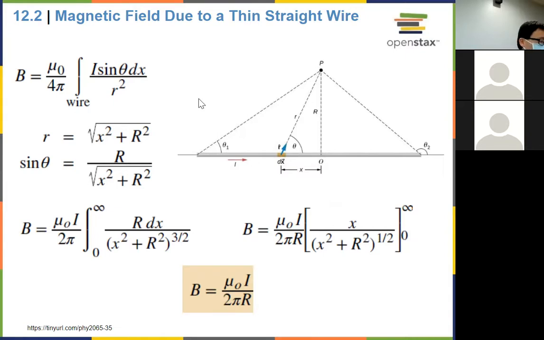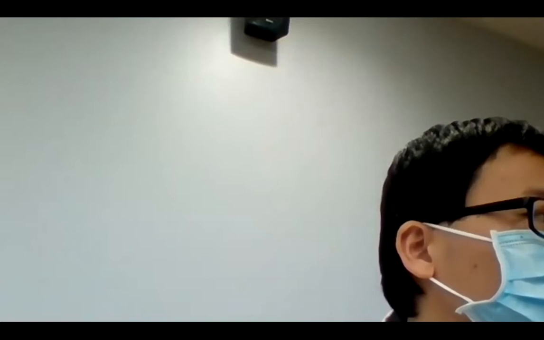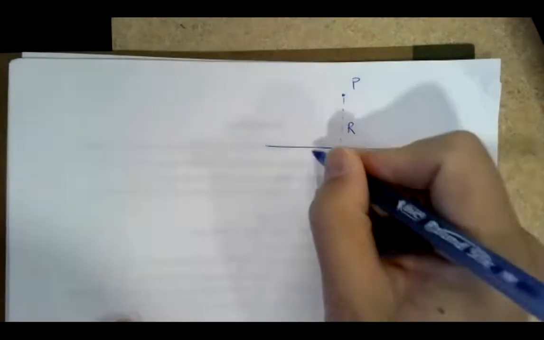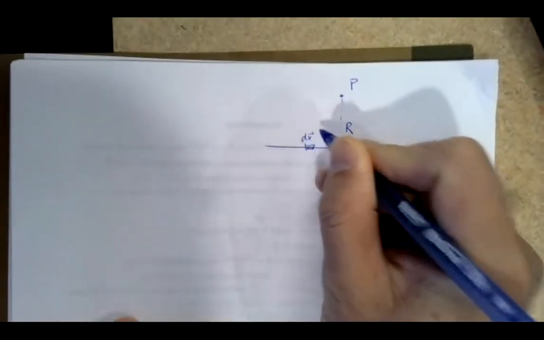You have a wire there, and there's a point P which is a distance R away. You pick a small portion of the wire, this is your dx, and from there to point P is the distance r.